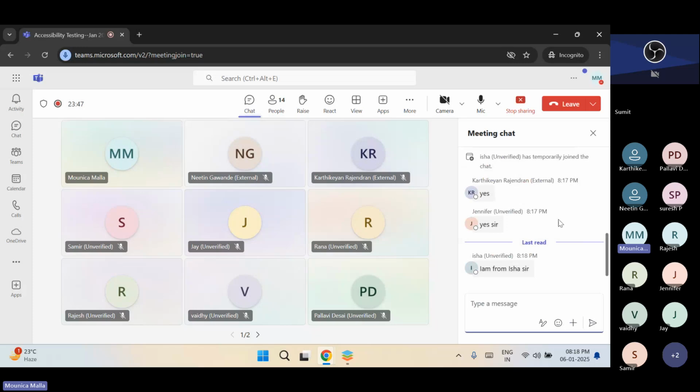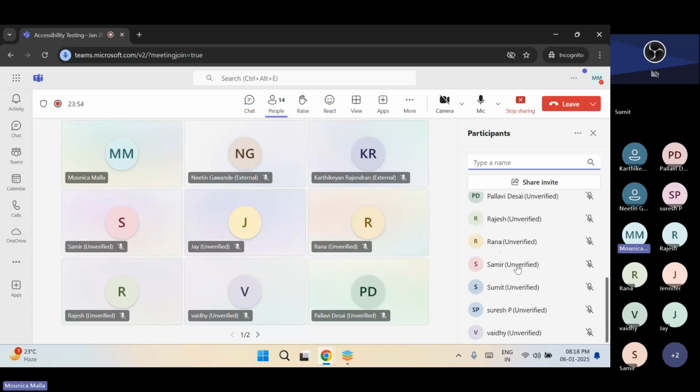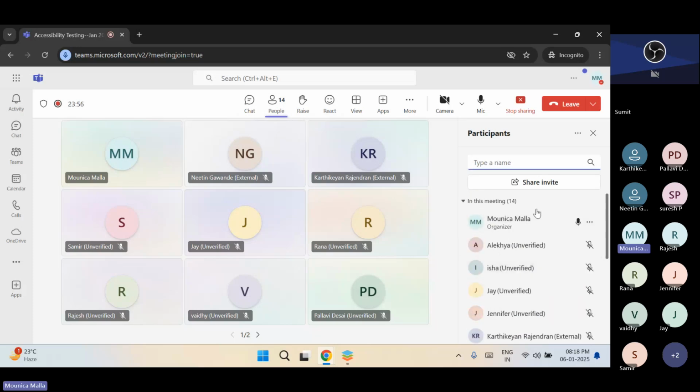Okay, so I think you can see if Yashwini can be allowed. I cannot see if someone is waiting in the lobby. Please check from Isha team. If there is anyone waiting, just allow them for today.